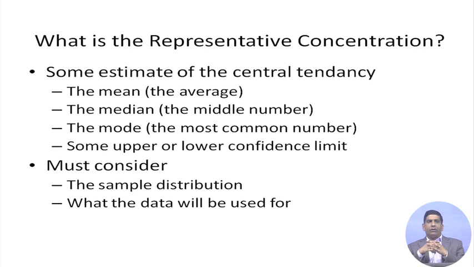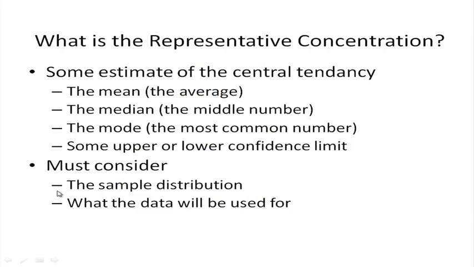Some things you need to consider are the sample distribution, what the data will be used for, and whether it will be used for implementation or just general design. Based on the data requirement, how detailed the data needs to be, we can decide what to do in terms of statistical analysis.